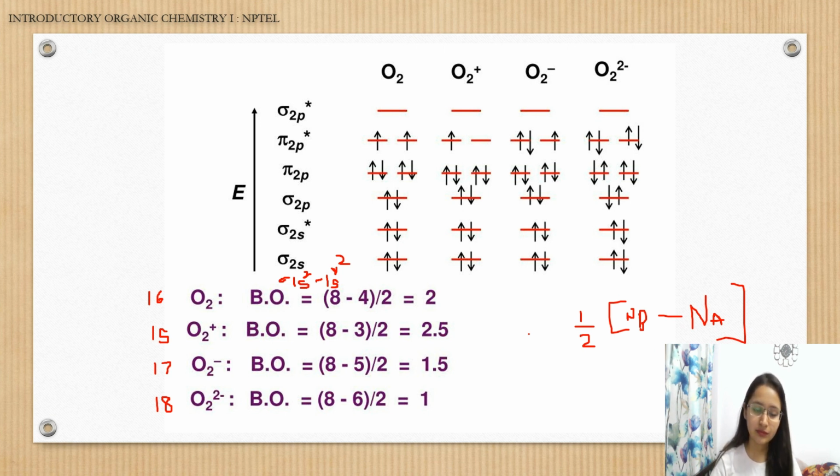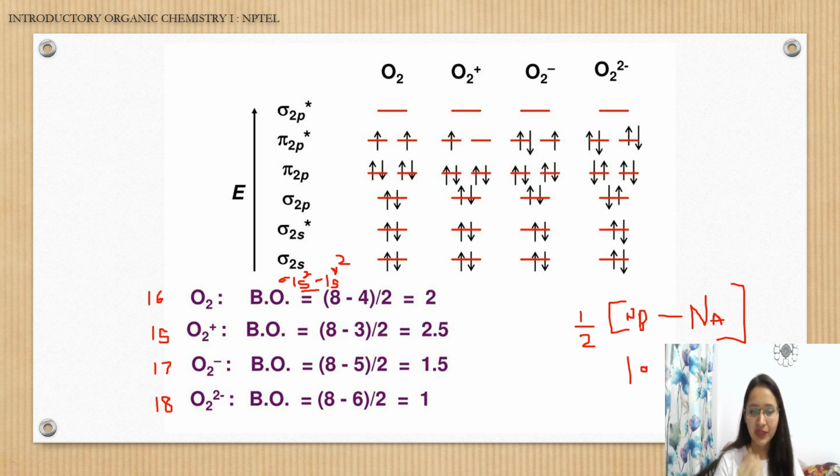Quickly tell me how many bonding electrons are present in oxygen. Bonding electrons, I am saying. Here there are 10, right? You are not seeing that 1s is also present. I'm mentioning 1s here. So we have 10 electrons present in the bonding orbitals.